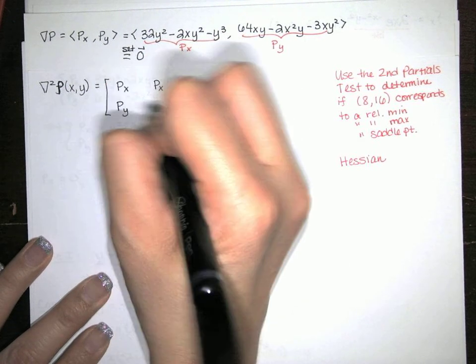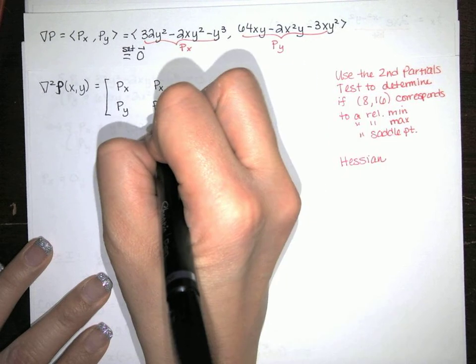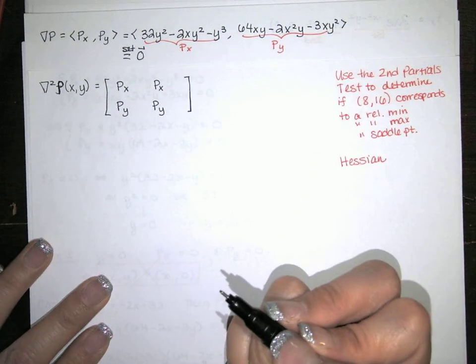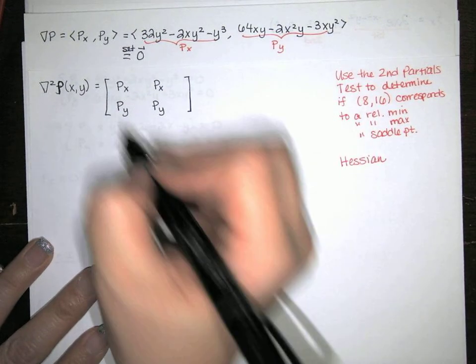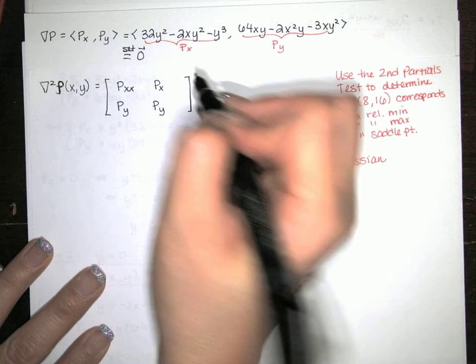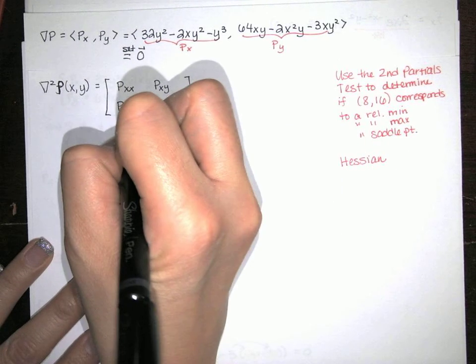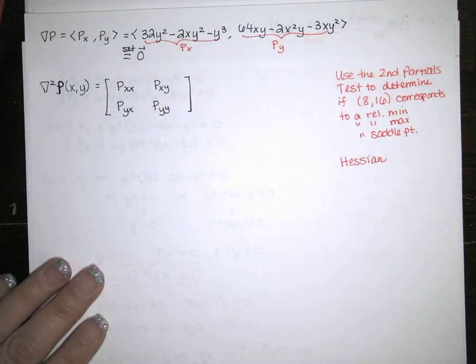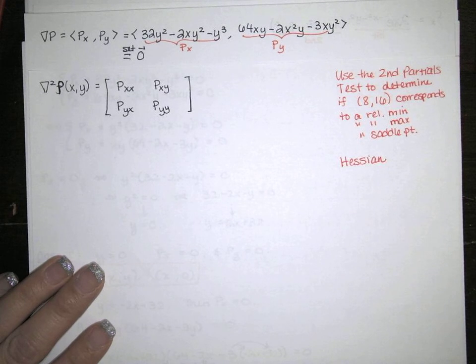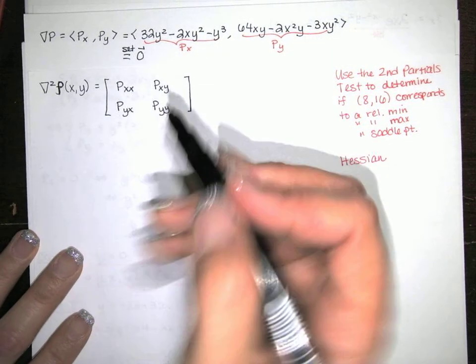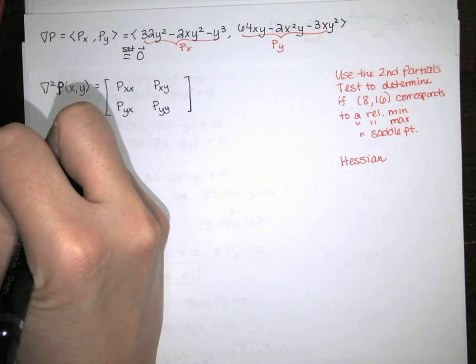In the first row, you start with the partials with respect to x. In the second row, you start with the partials with respect to y. And then you take the derivative again with respect to x and then y, and with respect to x and then y. You put those in a matrix, that's the Hessian. Okay, so we need these four partials.